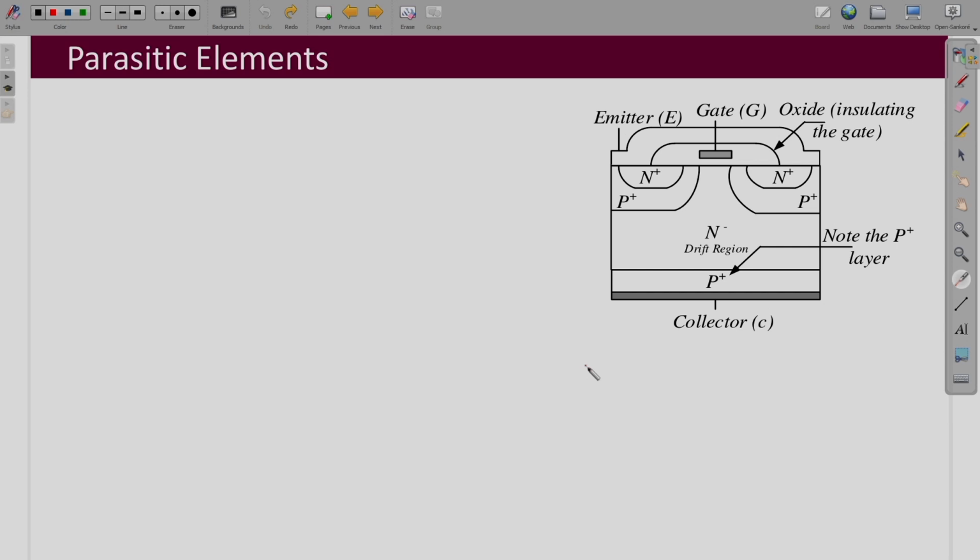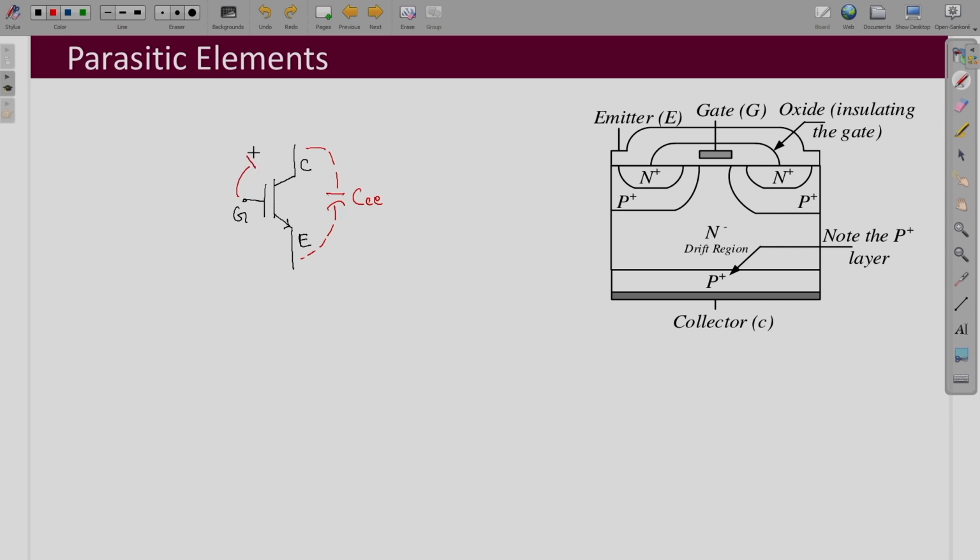Now, what are the important parasitic elements associated with your IGBTs? We will be discussing only the important ones. So, this is your IGBT, and this is your collector, emitter and gate terminal, and then you have capacitances associated here between the collector and emitter, which you can call CCE.